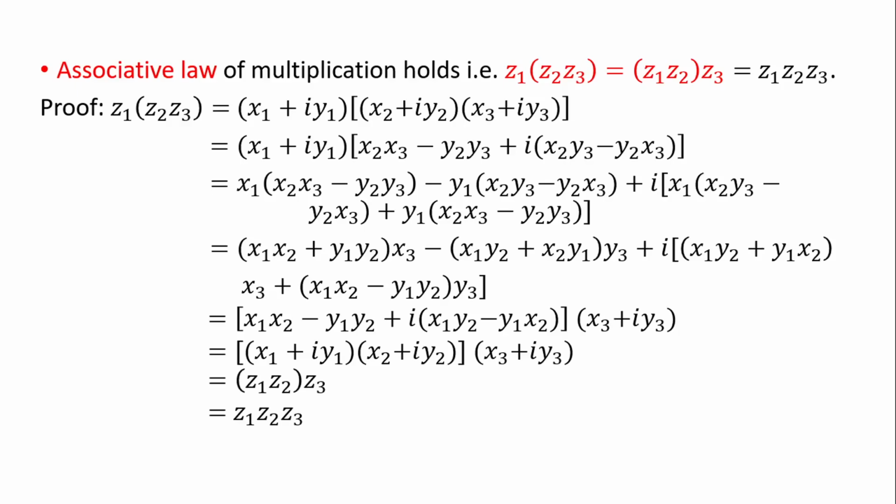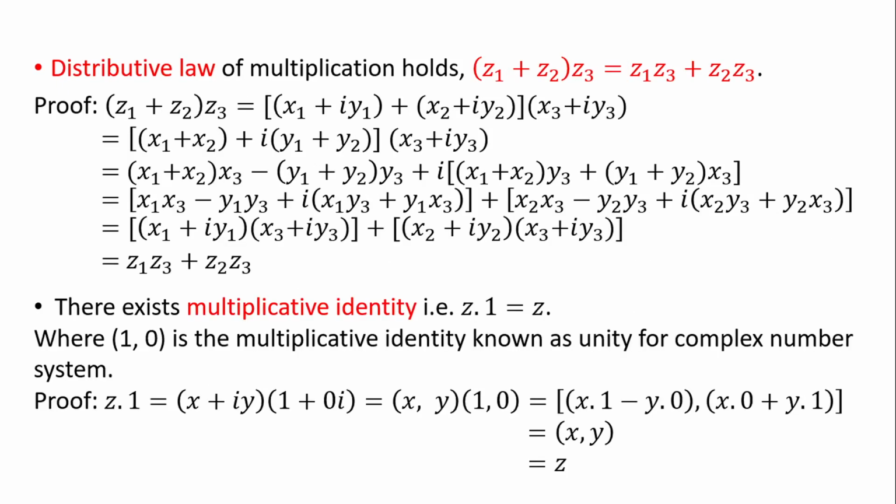Now what is summation? Summation of real part plus i into summation of imaginary part. So x1 plus x2 plus i in the bracket y1 plus y2. This will be Z1 plus Z2, and out of bracket it is Z3, that is x3 plus i y3.